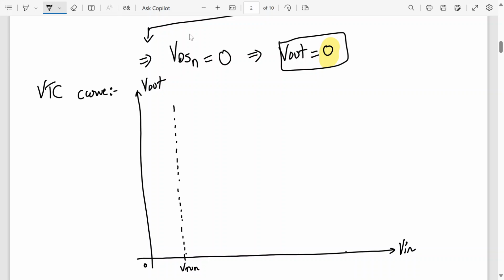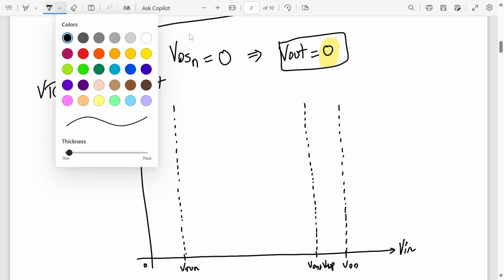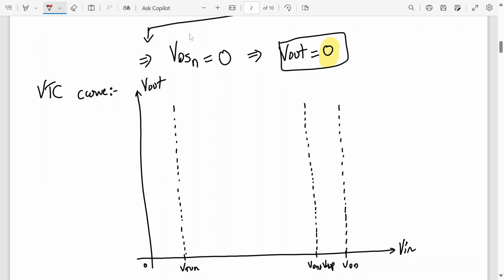And this is still VDD. This point is VDD plus VTOP. So from here to here, what will happen? PMOS will be off. Over here, NMOS is off, PMOS is on, but we don't know which region it is.